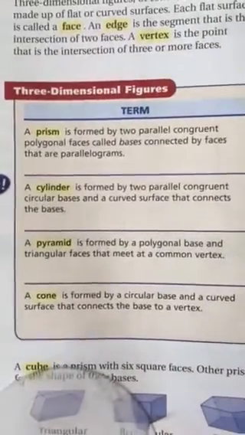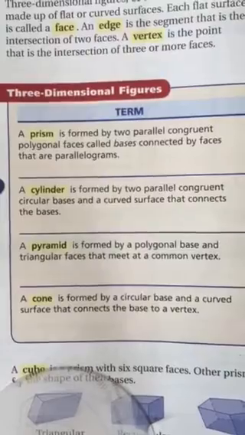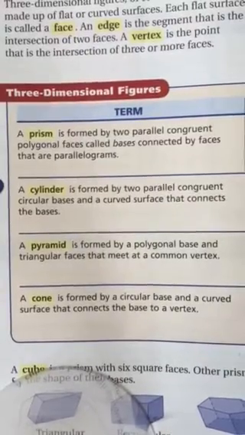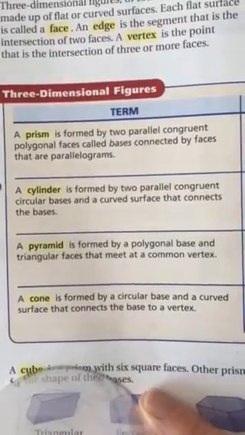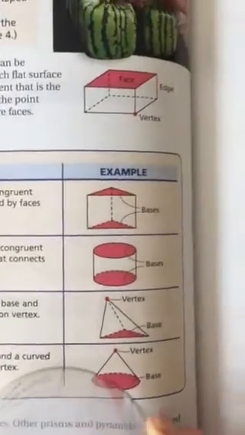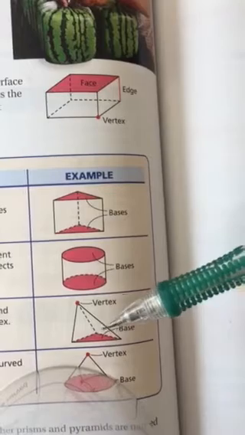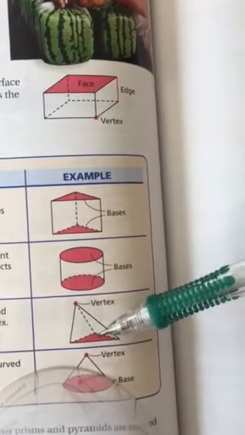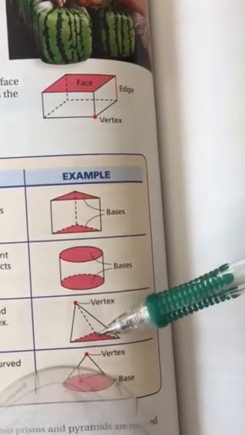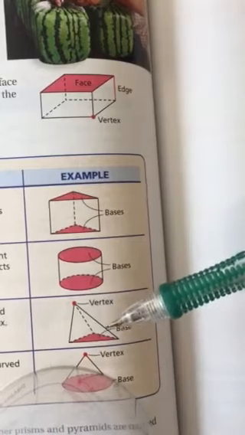All right, the third one is a pyramid. A pyramid is formed by a polygonal base and triangular faces that meet at a common vertex. Let's look at that. A pyramid is formed by a polygonal base, so it doesn't have to be a triangle, but this one is. And then it does have triangular faces.